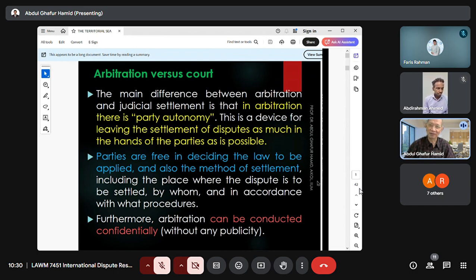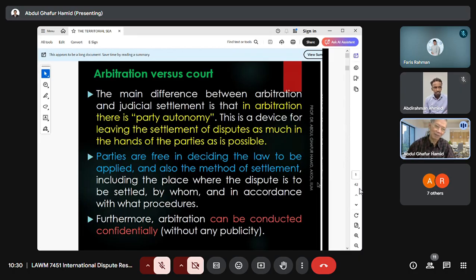That's why arbitration is very free, but courts are not free. Okay? And some arbitration can normally be conducted confidentially without any publicity. But court must always be in public, cannot be done confidentially. So these are some of the differences between a court and arbitration.